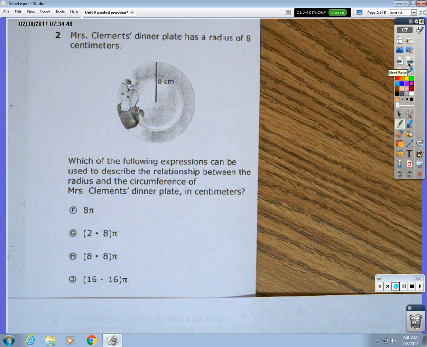Question number 2. Miss Clement's dinner plate has a radius of 8 centimeters. And if we look at the plate here, we can see that the 8 centimeters is our radius.